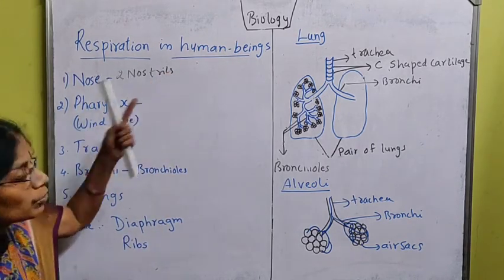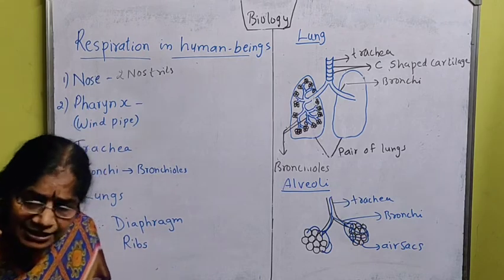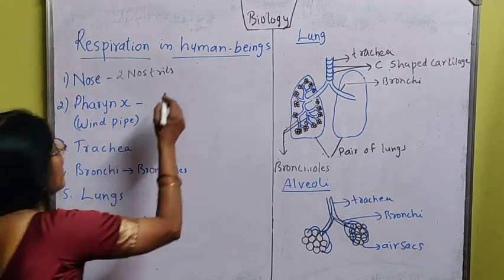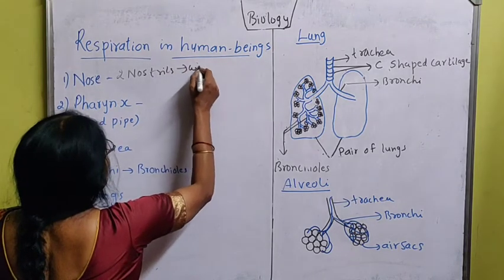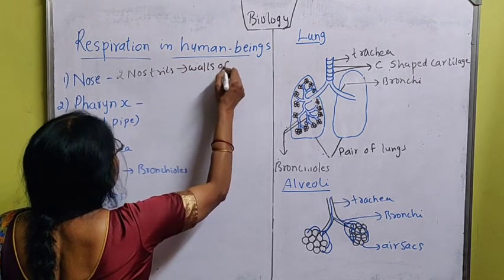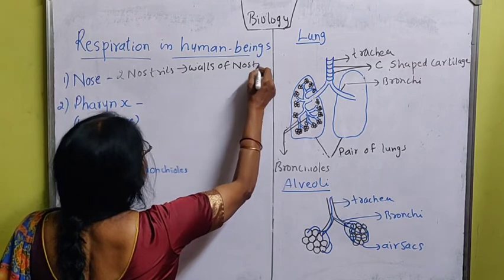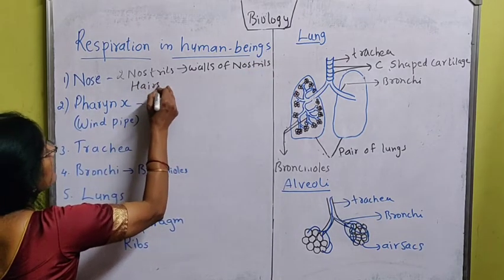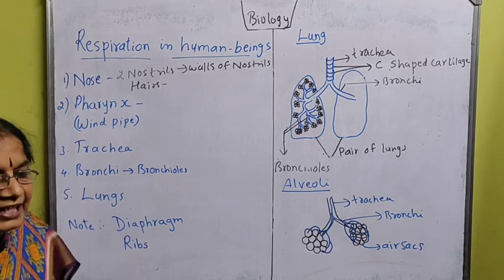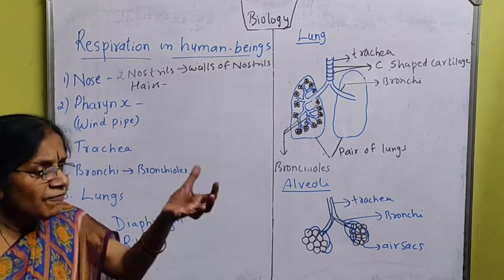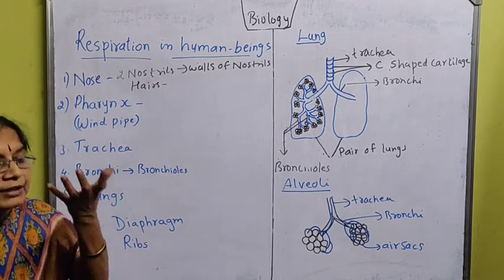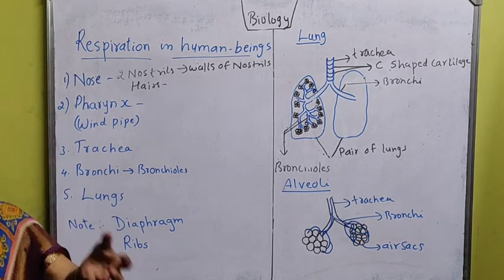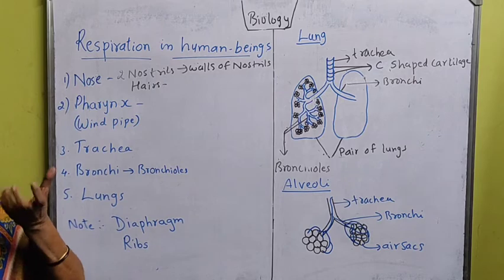Through these nostrils the air passes inside, and on the walls of the nostrils hairs are there. Why are hairs there? Because they will filter the atmospheric air, whatever dust particles are there.